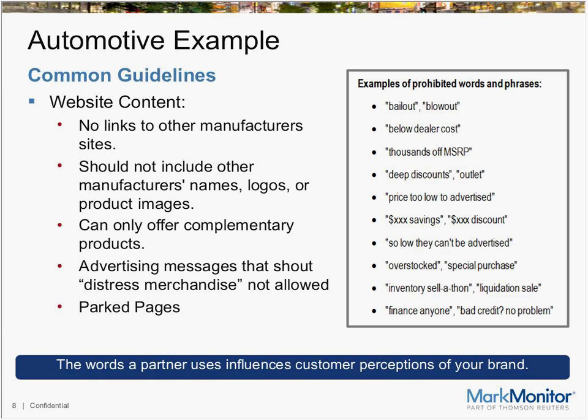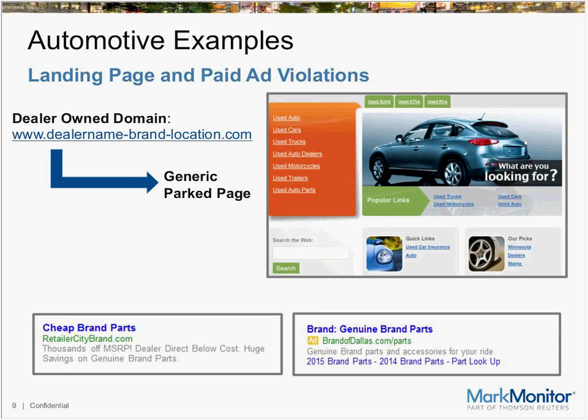Now, the last one, parked pages, may need a little explanation. What we see a little bit at MarkMonitor is where a dealer will register a domain name with the brand in the domain name, but then it just goes to a parked page. For the brand, that's not very good. I've got an example on the next page we can walk through, where you have, for example, dealer name, brand, location.